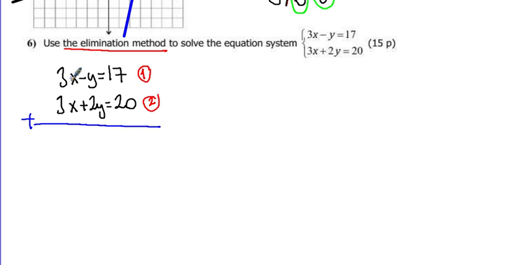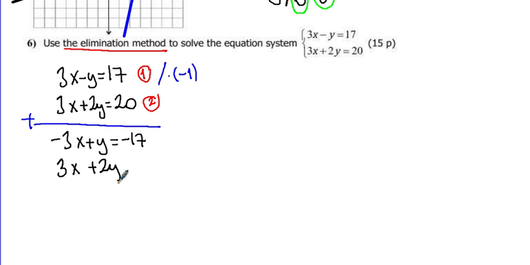We see that we already have the same coefficients for x, so it will be good if I multiply the first equation by minus 1. What will I get? I will get negative 3x plus y is equal to negative 17, and I rewrite the second equation, 3x plus 2y is equal to 20.